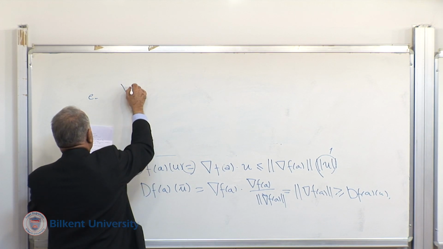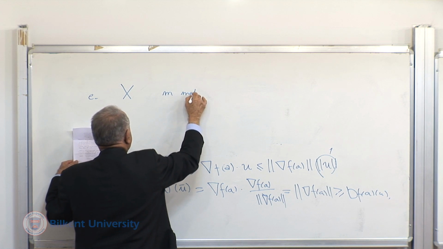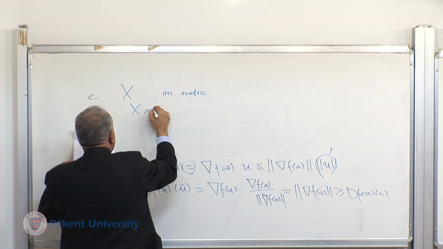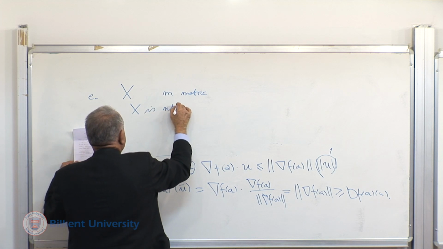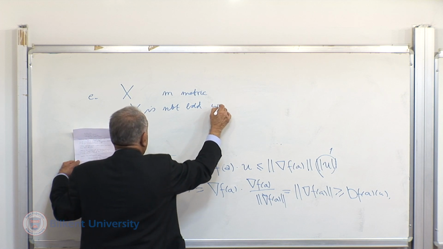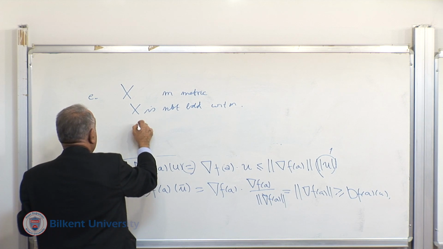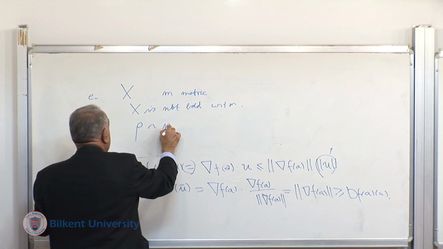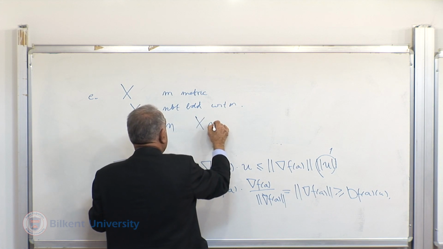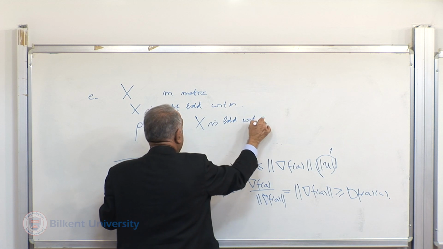Now, you have X with a metric M. X is not bounded with respect to M. Can we find a metric rho equivalent to M, such that X is bounded with respect to rho?